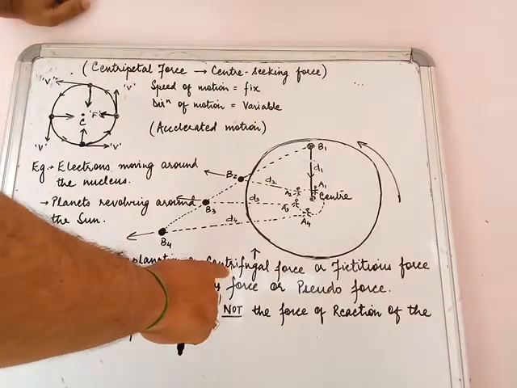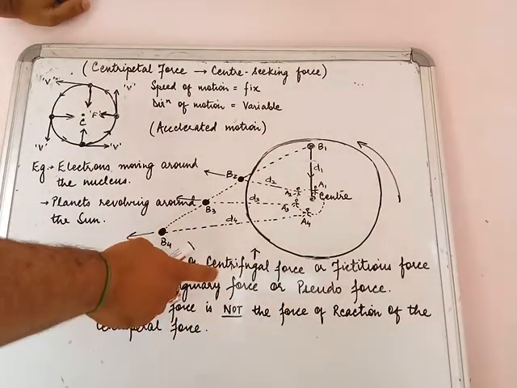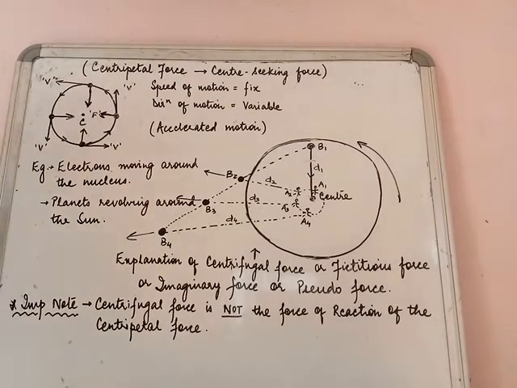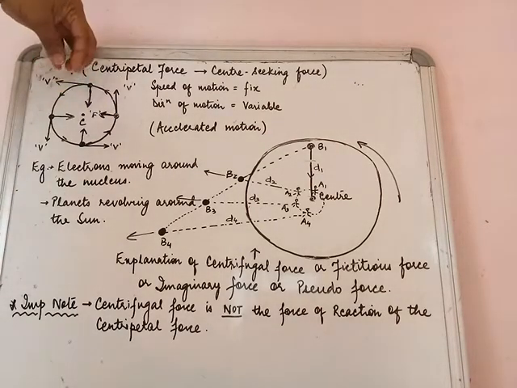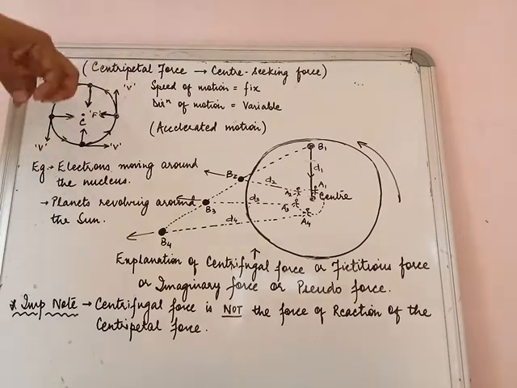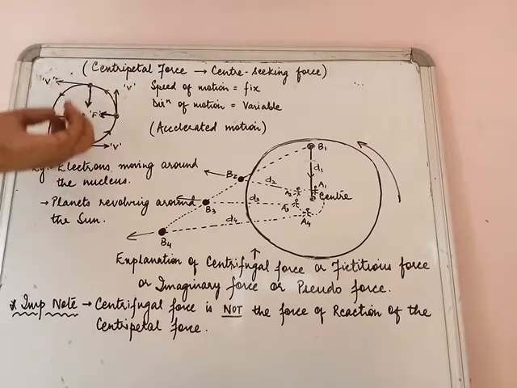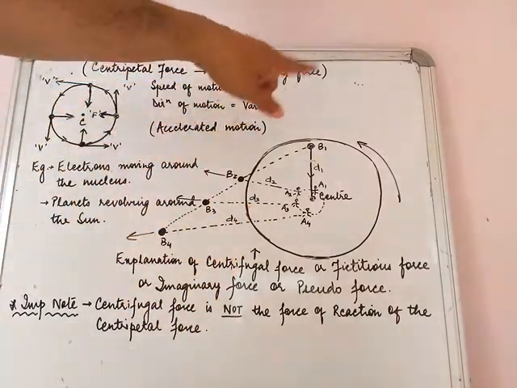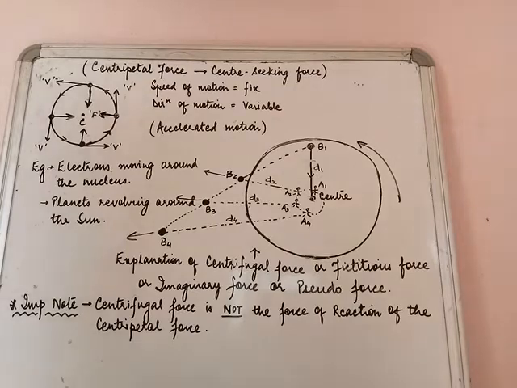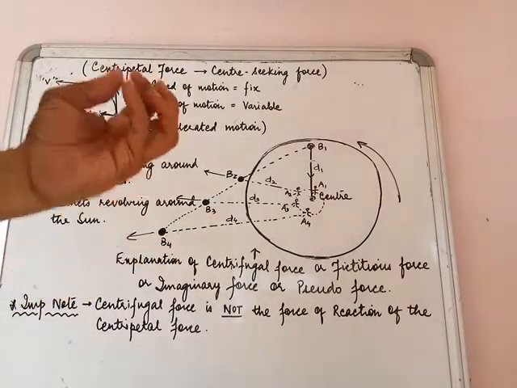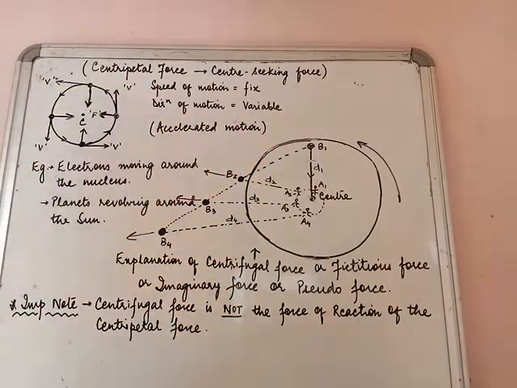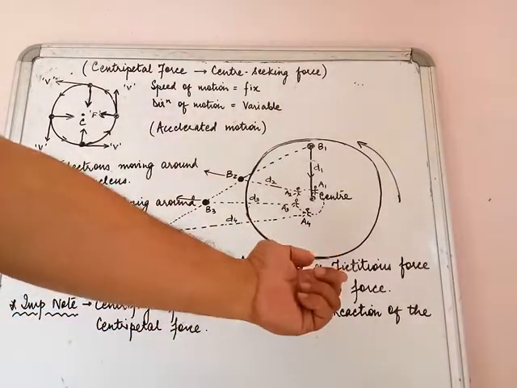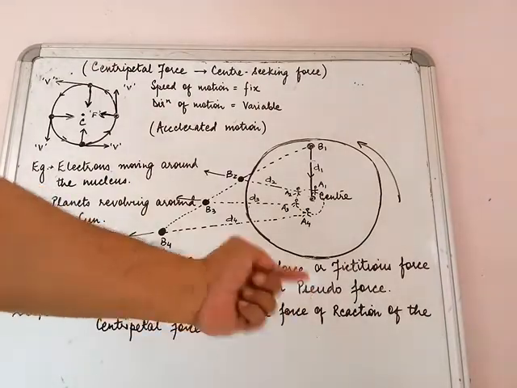In this aspect you can say that centrifugal force and centripetal force are exact opposites of each other. Centripetal force tries to act on the body towards the center, always trying to bring it towards the center, whereas centrifugal force is always acting radially away from the center. It is because this force is assumed by the observer to explain such a motion that we have different names for the centrifugal force. It is called fictitious force, imaginary force or pseudo force.